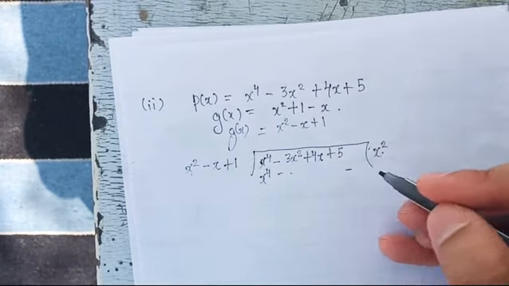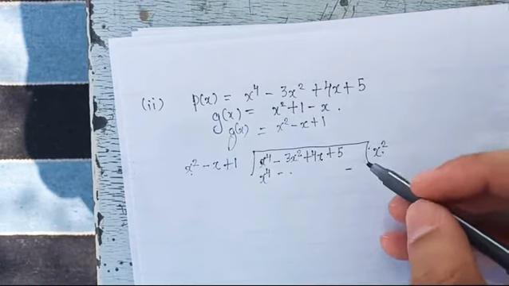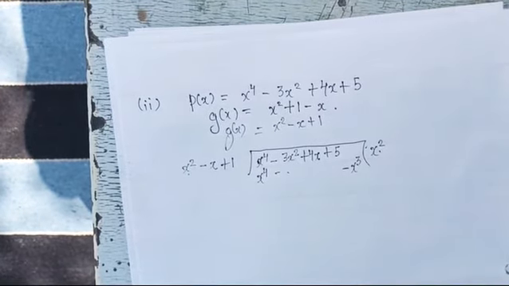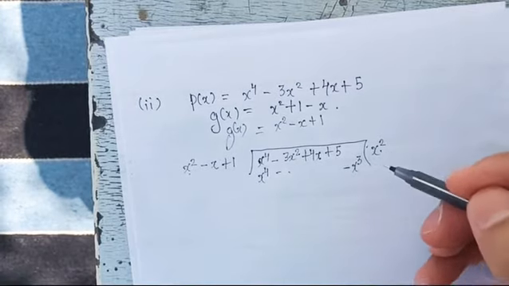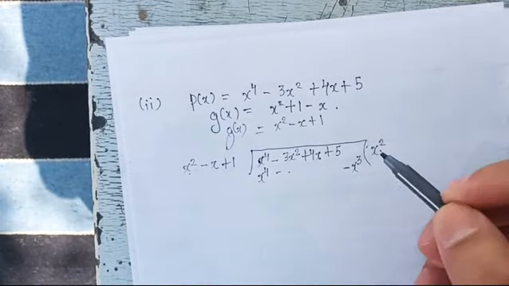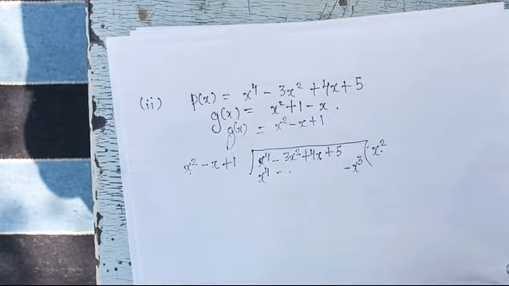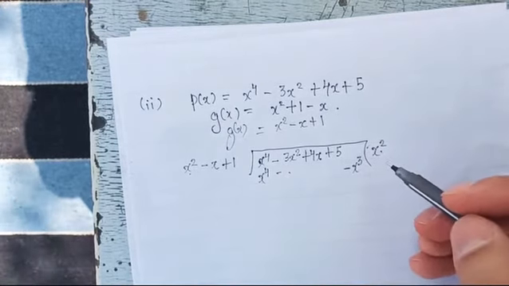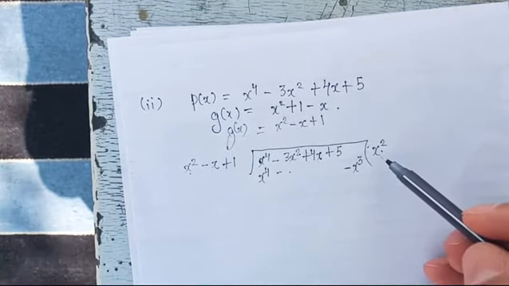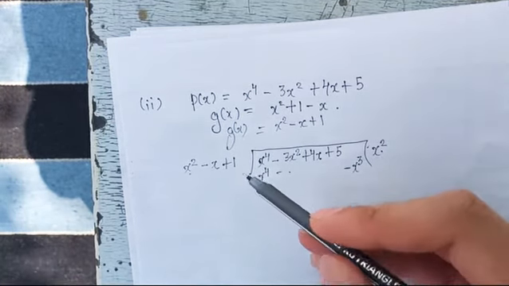So we will write here x cube minus x cube. Okay, now x square will multiply with 1 also.